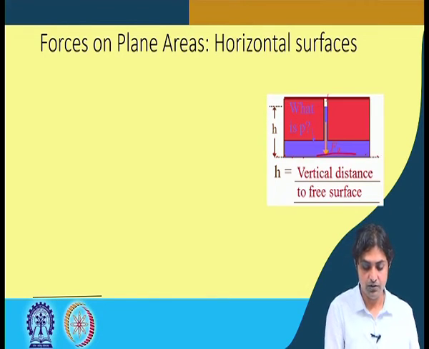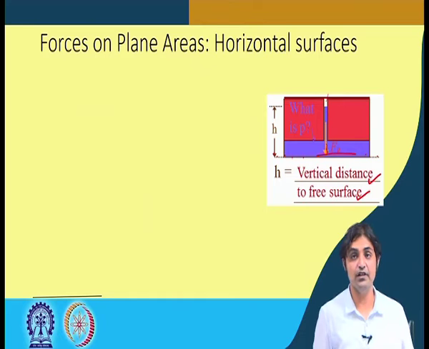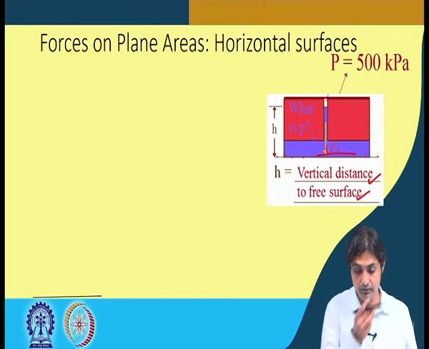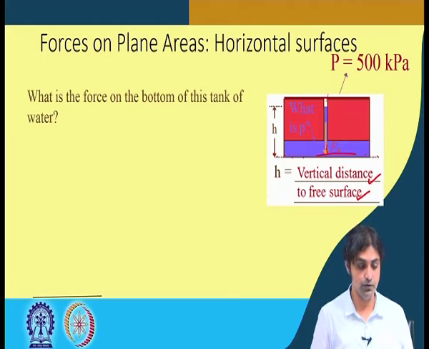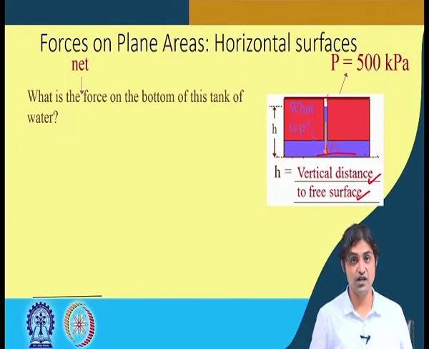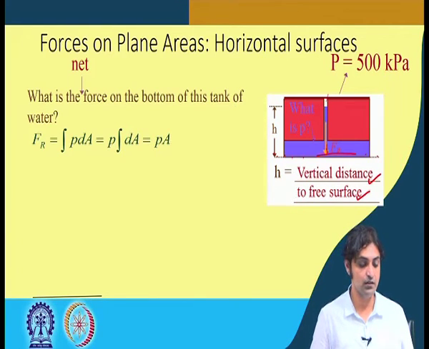This h is the vertical distance to the free surface, and what is the p here, and what is the resultant force at the bottom. And p we are assuming 500 kilopascals here. So, what is the force on the bottom of this tank of water?